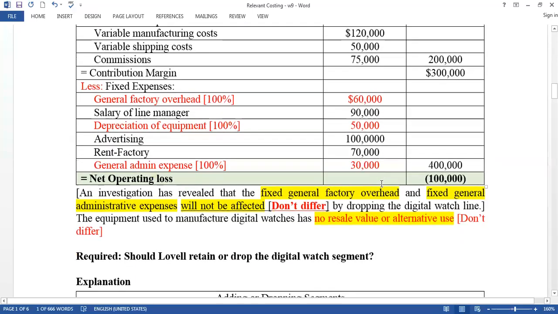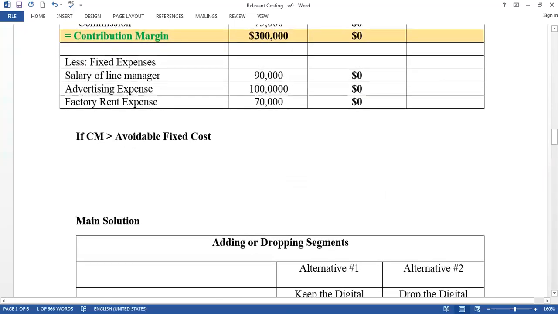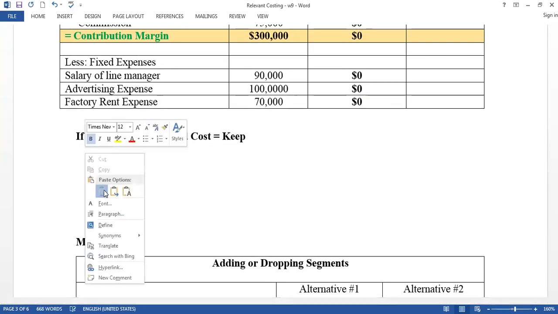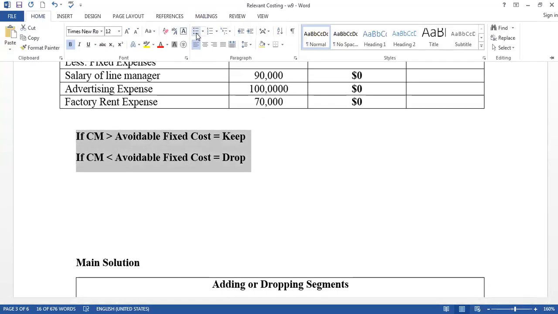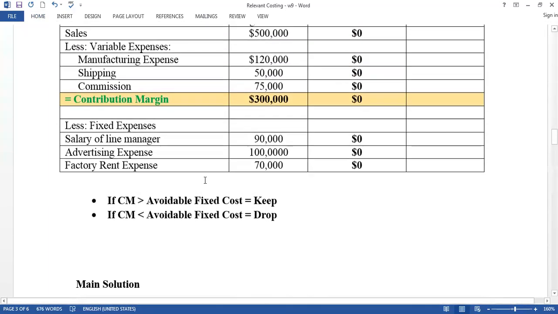So the formula is, if CM, contribution margin, is greater than the avoidable fixed cost, we are going to keep. And another formula is opposite. If CM is lower than avoidable cost, then we are going to drop it. This is the decision-making criteria.